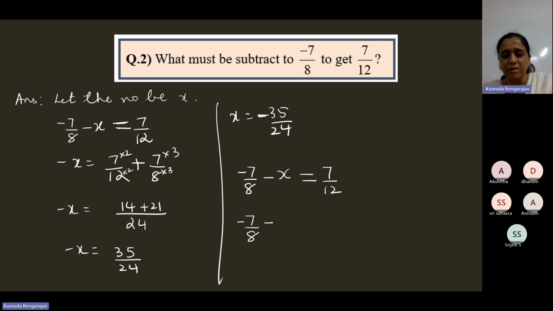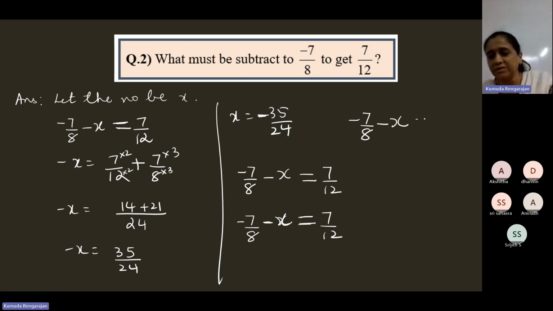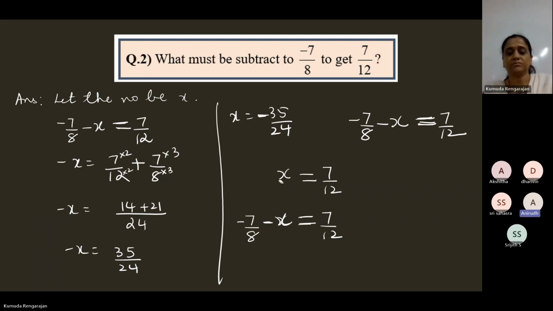That means minus x, so that you get the answer as 7 by 12. So for that you should put the equal to sign. The answer should be 7 by 12. So this is the equation. Okay, ma'am, understood.